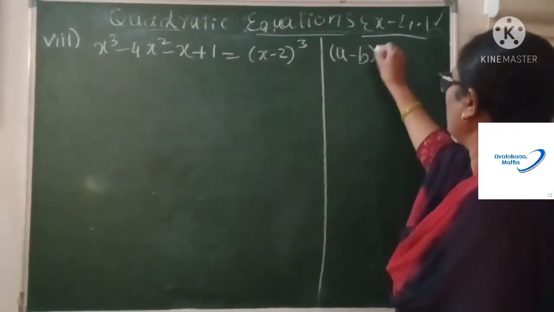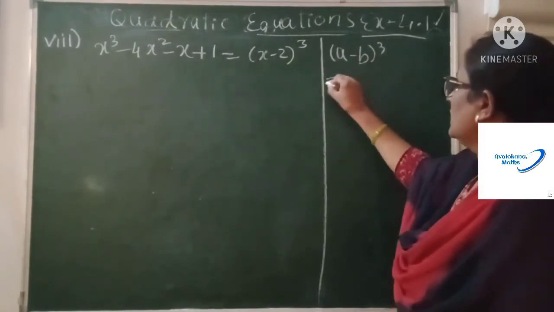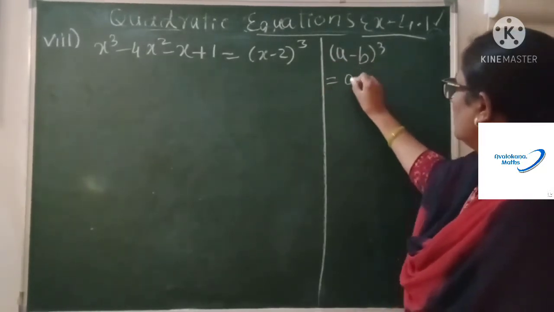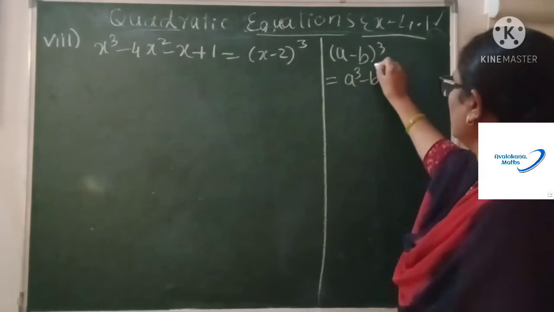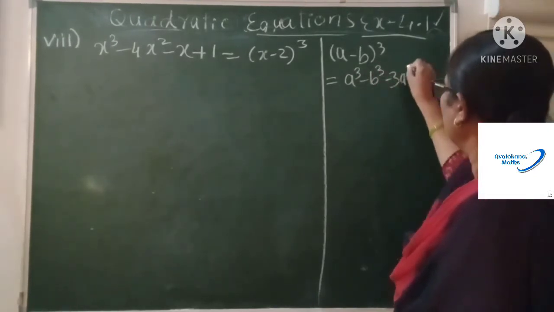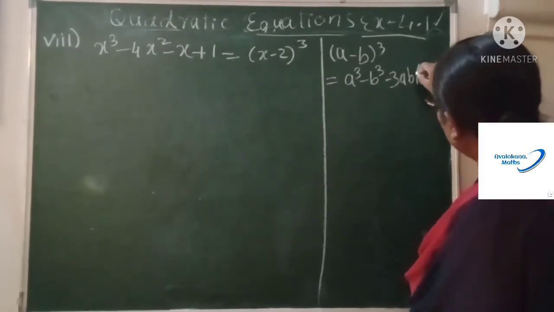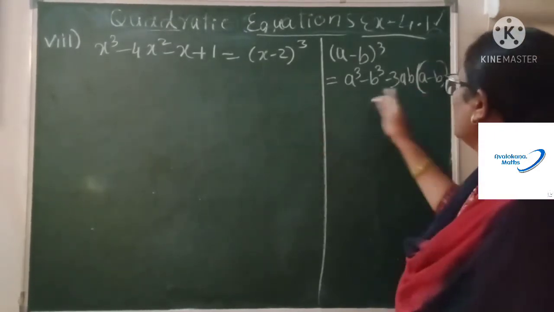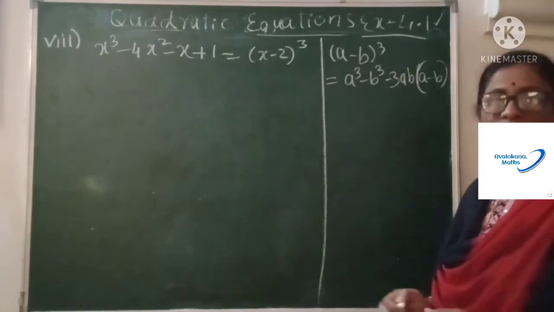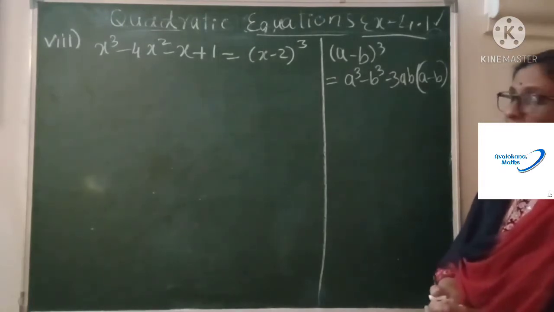So first let me write the formula. a minus b whole cube is equal to a cube minus b cube minus 3ab into bracket a minus b. It is better to write the formula in this form instead of opening and writing the terms, because you will get confused about where the plus and the minus come.